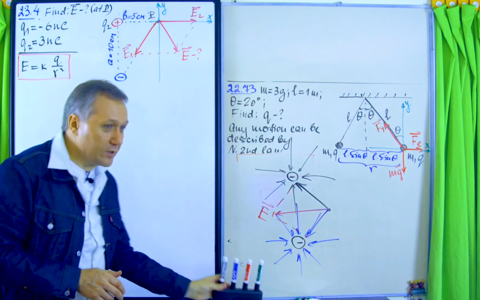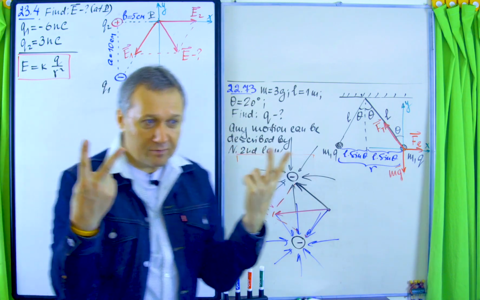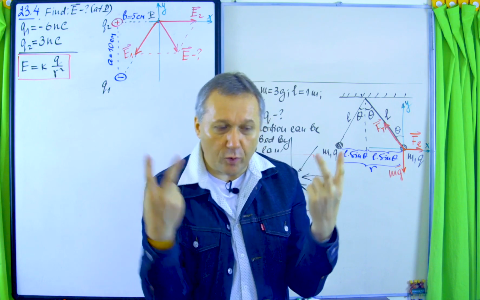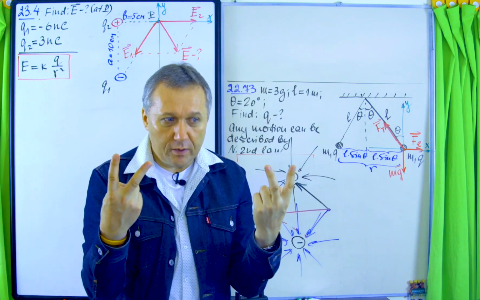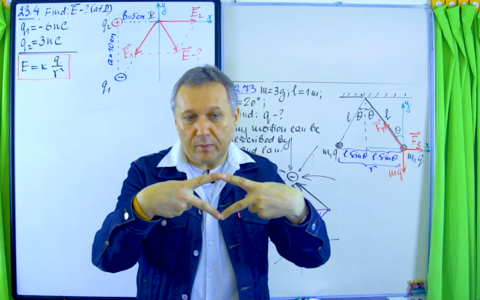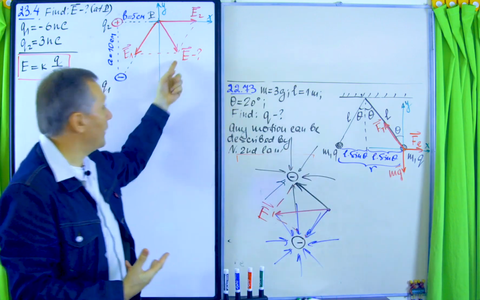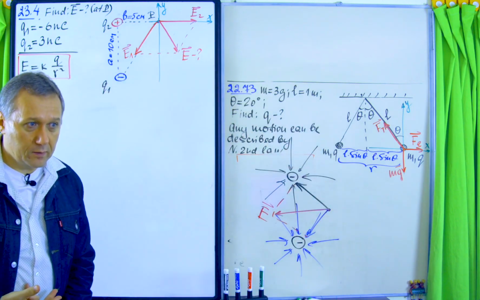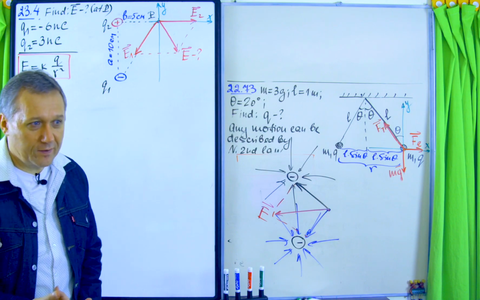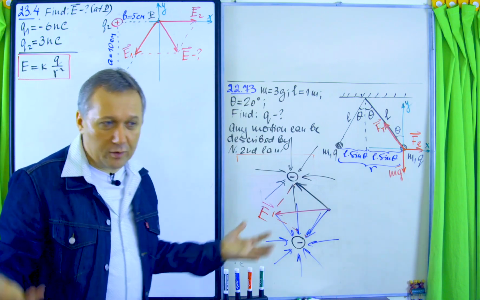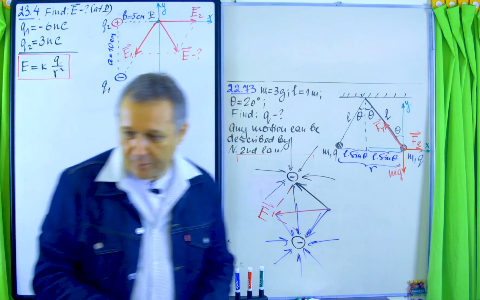Once you have found components, you have two vectors written in component form. Then, if you want to add them up, add the corresponding components and you will find the components of vector E. And then you can find the magnitude, you can find the direction whenever you feel like finding.